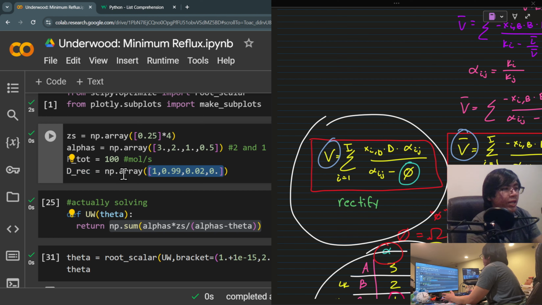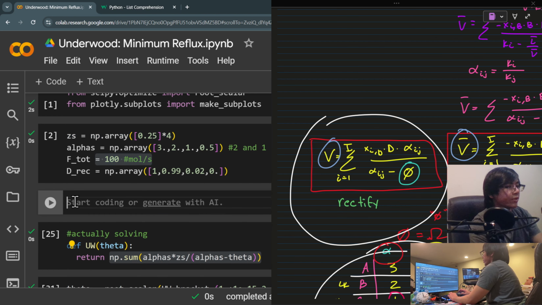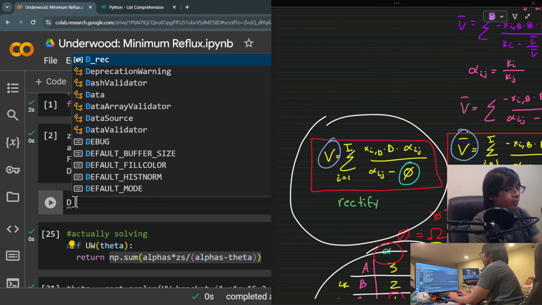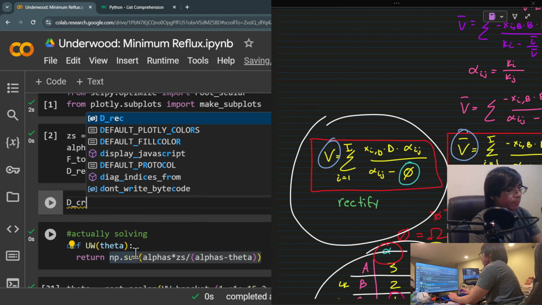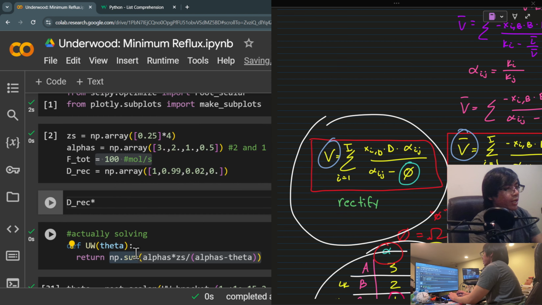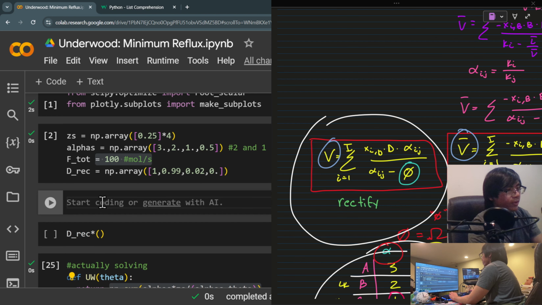We have to multiply the fractions by the actual feed. So it would be recovery times the flow rates of our individual components. So let's multiply these together to get a ZF. So that's our feed flow rates of our components.